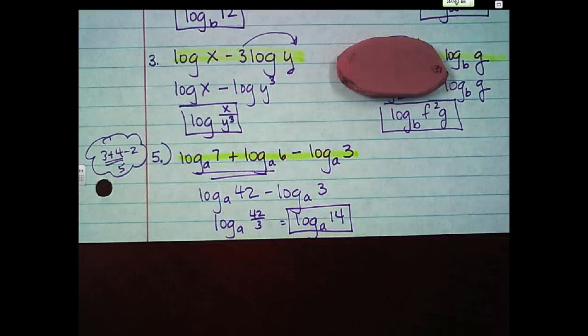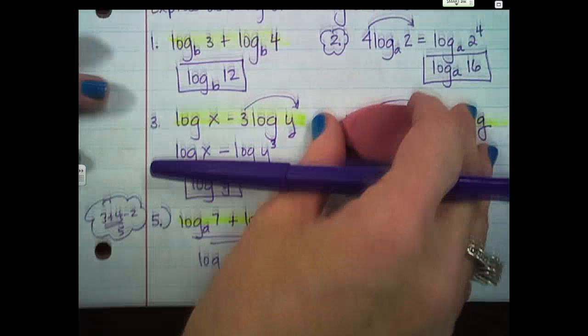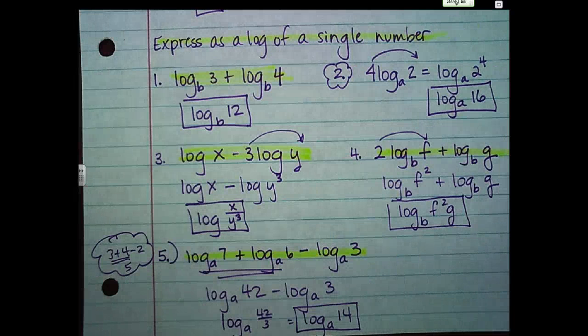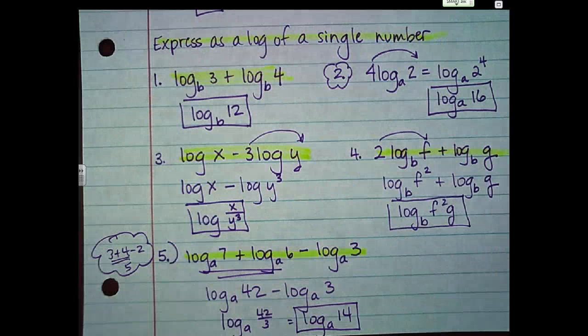Okay. You got it, kind of? Now, if you understand that, then what you've just done is gone from expanded form to condensed. So now we're going to go the other way. We're going to go from condensed and expand.